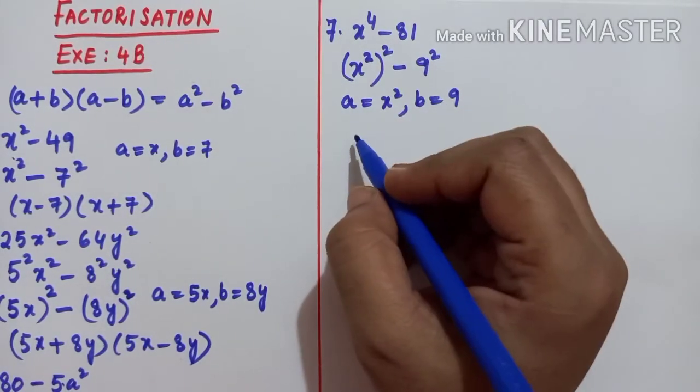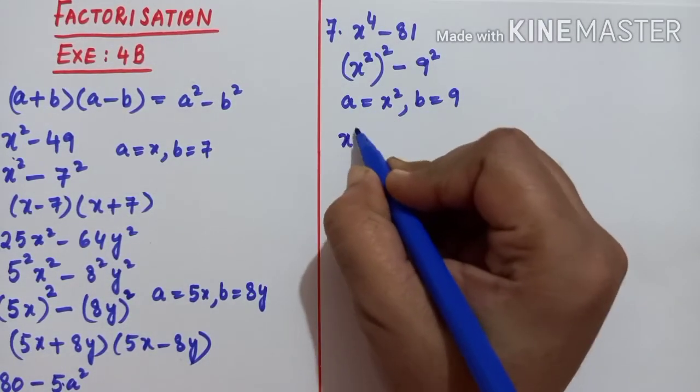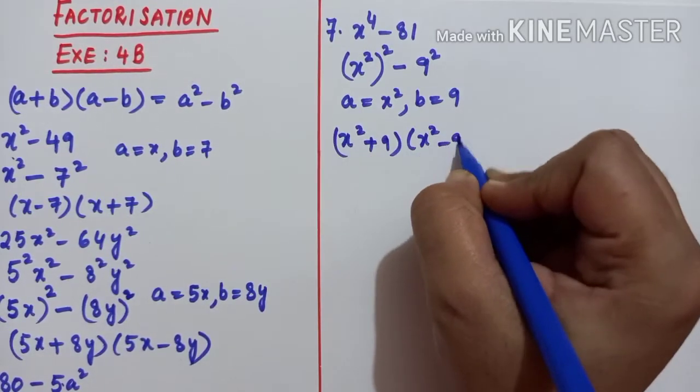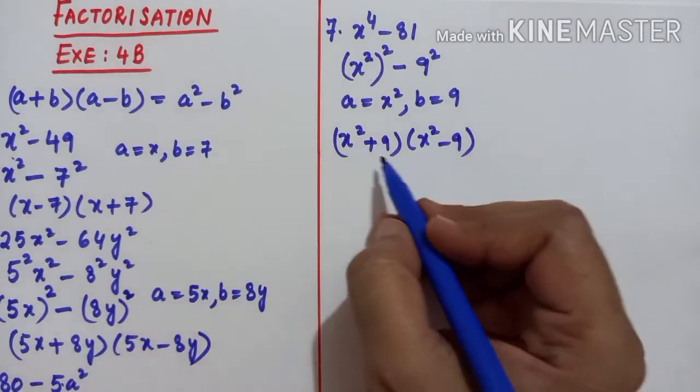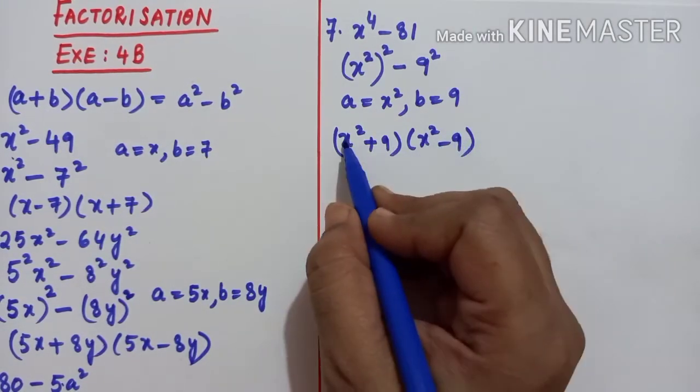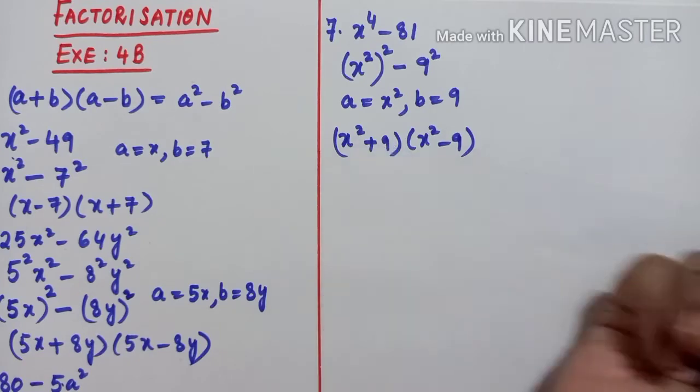So what is a plus b into a minus b? x square plus 9, x square minus 9. Now once again, x square plus 9 and x square minus 9. This 9 is also a perfect square.